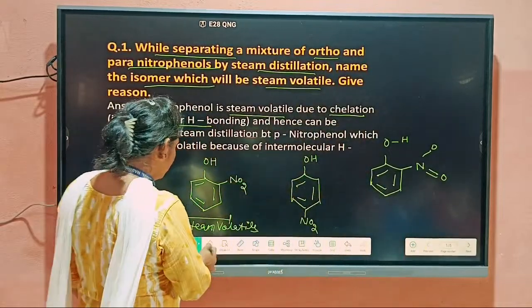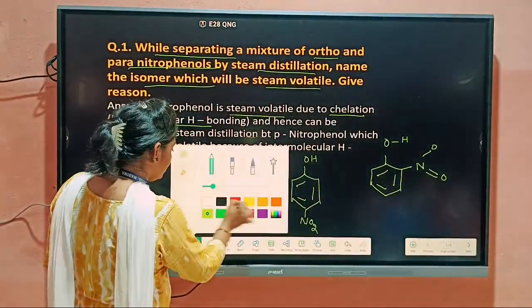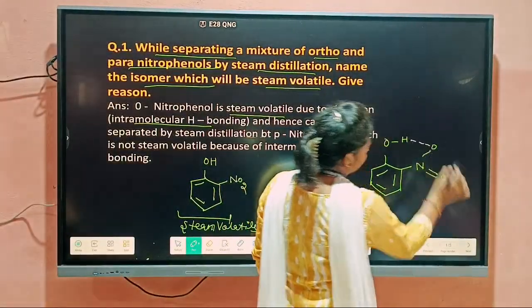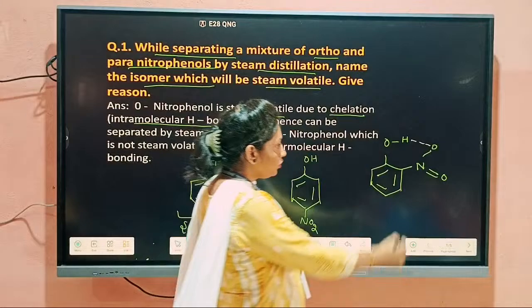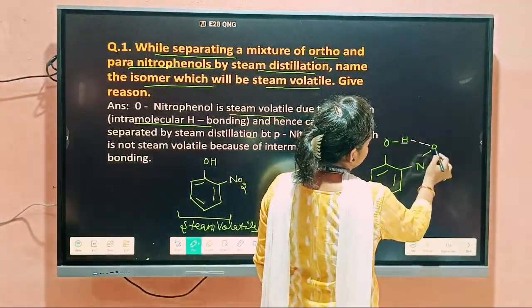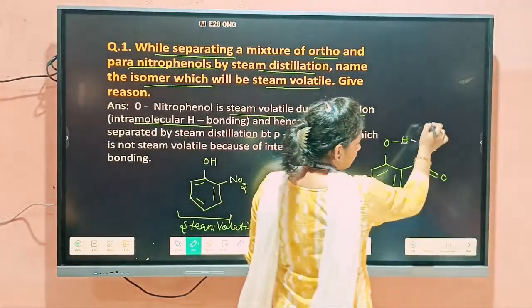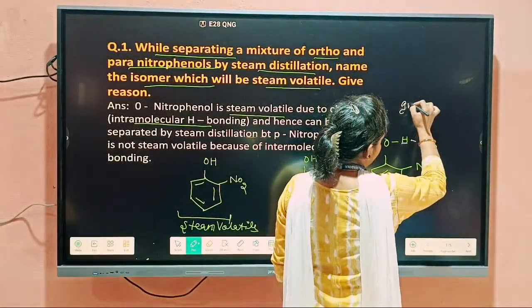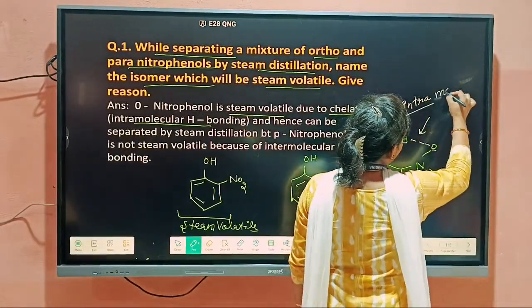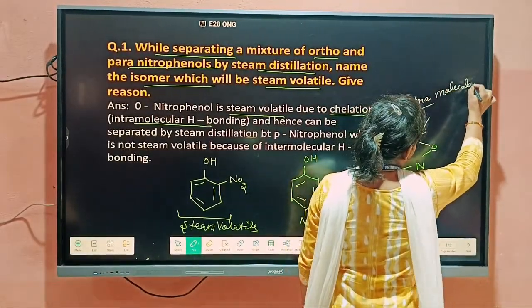Here intramolecular hydrogen bonding takes place between the hydrogen of the alcoholic group and the oxygen of the nitro group. If hydrogen bonding takes place in the same molecule, then it is known as intramolecular hydrogen bonding.